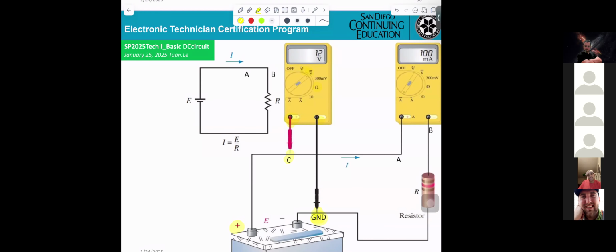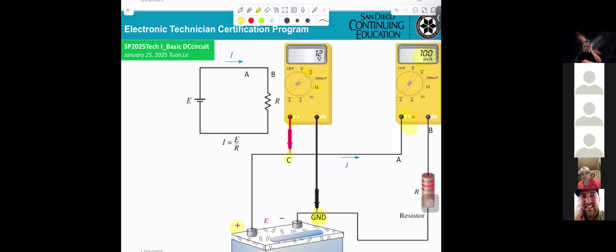The only difference is if you want to measure the current. What you have to do is connect the positive here. However, you have to break the circuit.